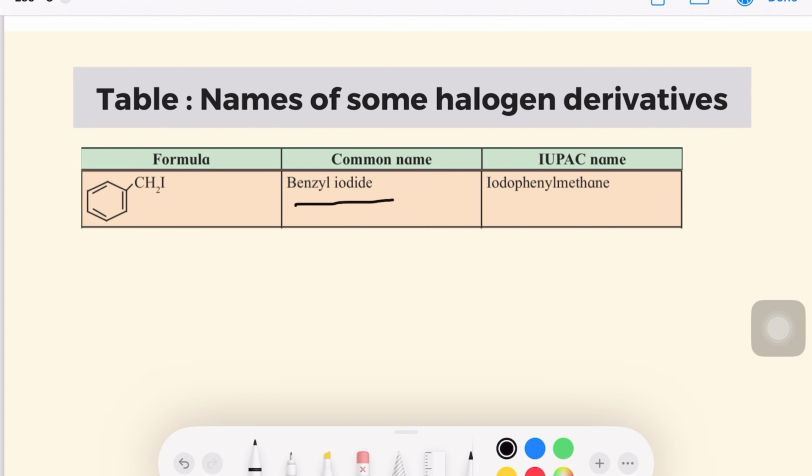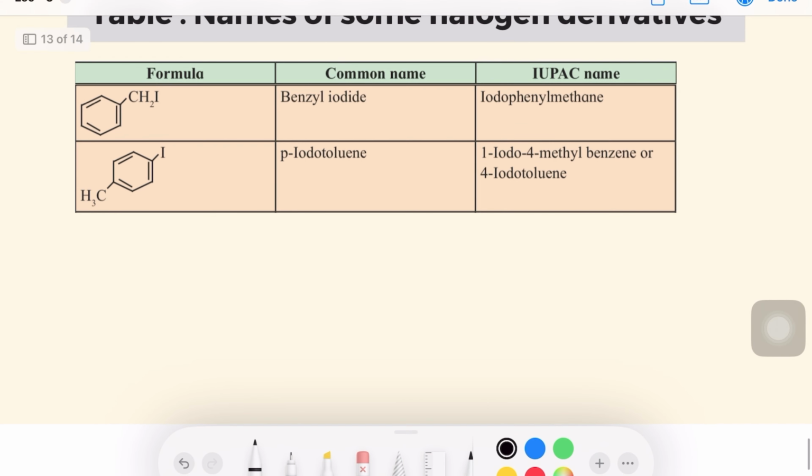So the parent name of this compound is methane, 1 carbon, and to this carbon 1 iodine and 1 phenyl ring, C6H5, is there. So with phenyl and iodine, iodine becomes first alphabetically, so the name of the compound is iodo phenyl methane. Okay, this is the example of a benzyl halide.